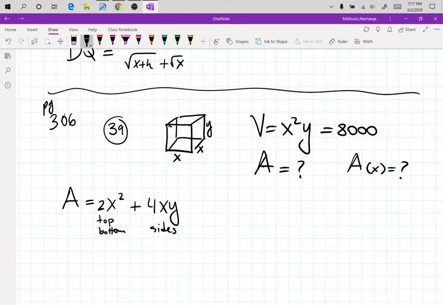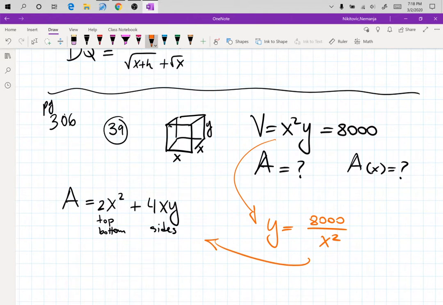And that's my area. They want me to have area as a function of x. That means I have to remove the y. Well, I just have an equation that does that. y is equal to 8,000 over x squared. Plug in.